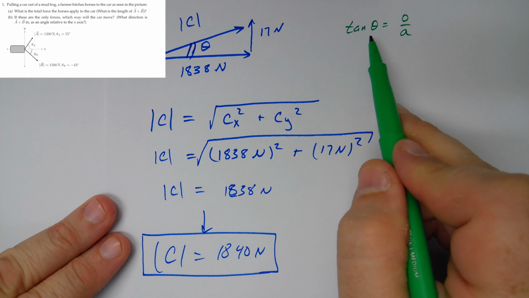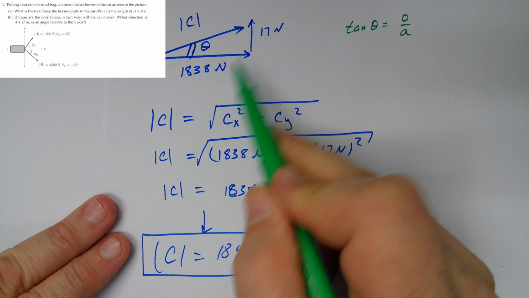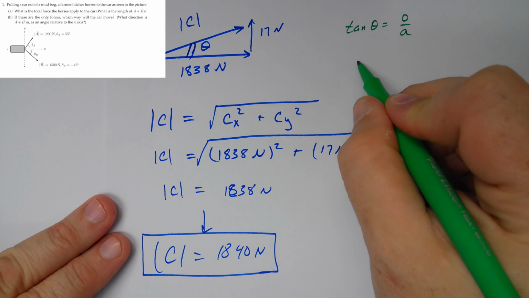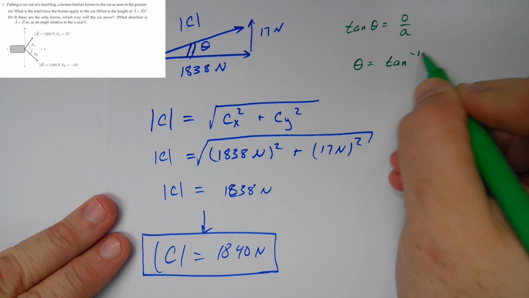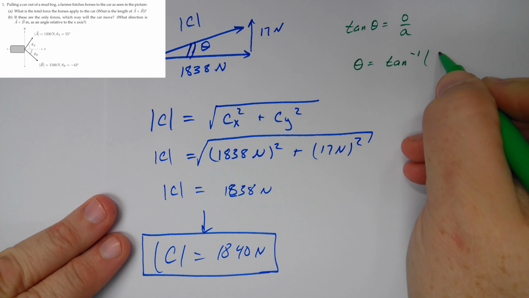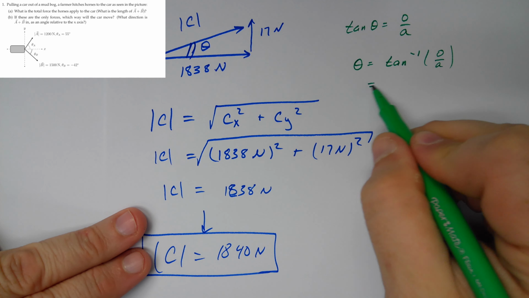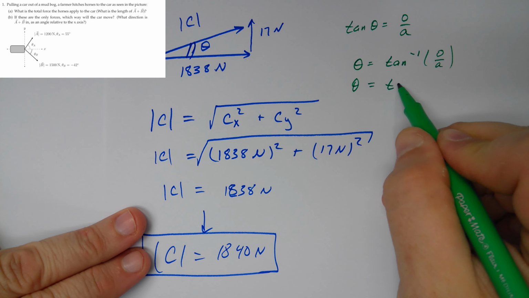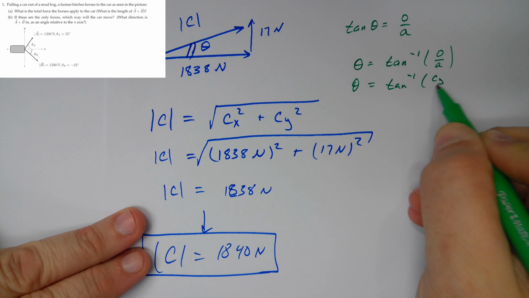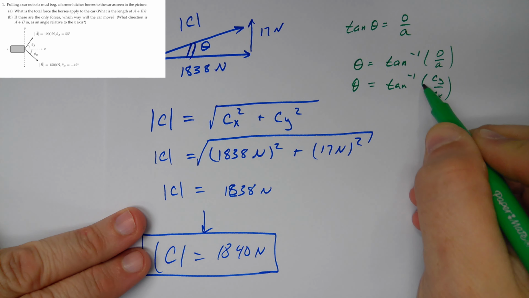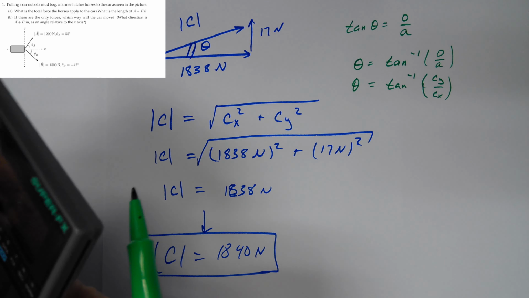We want to make this thing say theta equals something of these things. So theta should be inverse tangent opposite over adjacent. And that'll end up being inverse tangent of cy over cx. Right. That's what we're labeling these two things as.